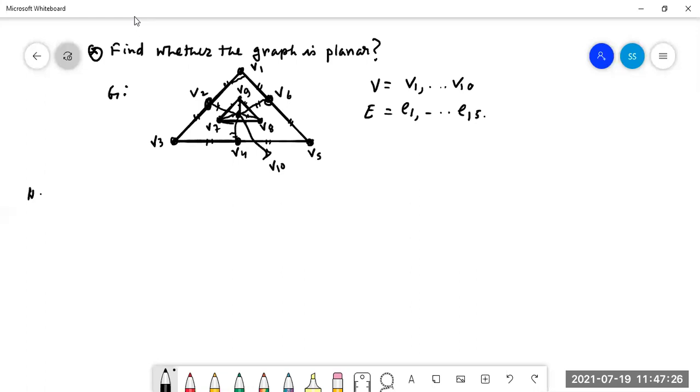We see here that the vertex V10 in G is a cut vertex.